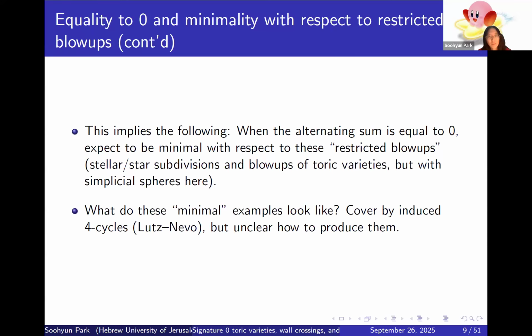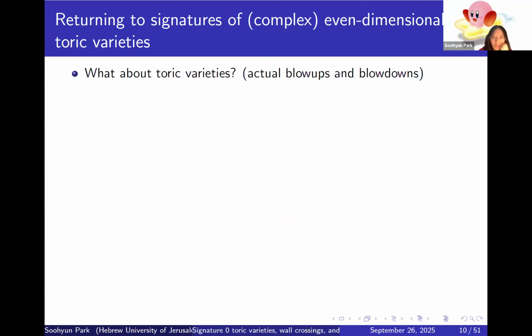Well, there is some local information we know, for example being able to cover the one skeleton of the simplicial complex by 4-cycles. By 4-cycles, I mean a literal square, but you also don't want opposite vertices to be connected by a diagonal. But it's not really clear how to produce them, and even in the toric variety case, it doesn't really seem like this has been studied.